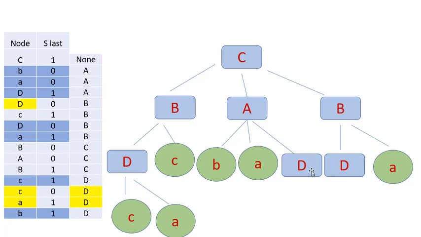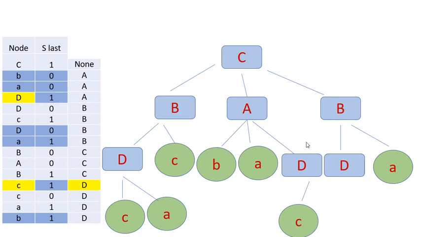Not this D. The parent node of this D is A, so it should be this D. So this D should be the second D of this column. And I go to this column and I find the second block of D here. I refer back to the leaf nodes, so I find the leaf nodes of this D should be C and A.